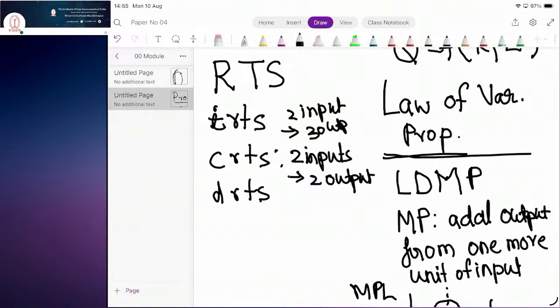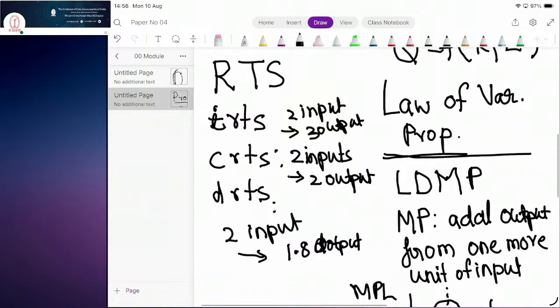This would be an example of increasing returns to scale. For decreasing returns, double the input, output will be less than double. It may increase, but by something like 1.8 times the original output. Is this clear? This idea of the relation between inputs and outputs is clear.